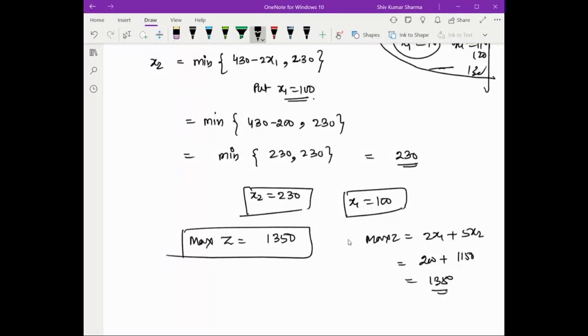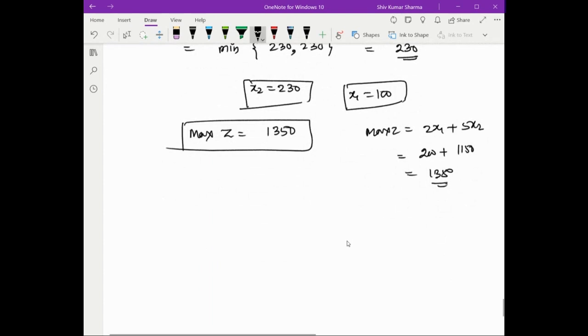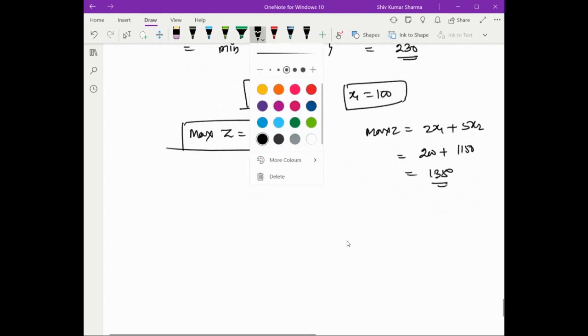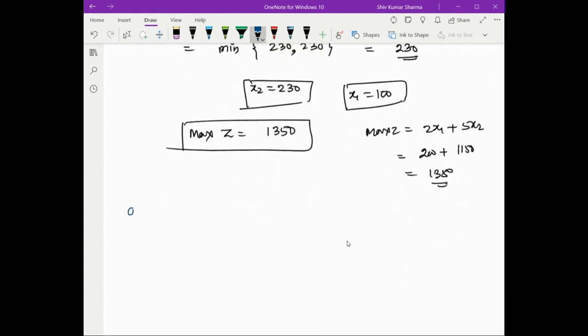Now we have one more problem. Try to solve this problem. The second problem is given in this form: solve the LPP by using DPP.